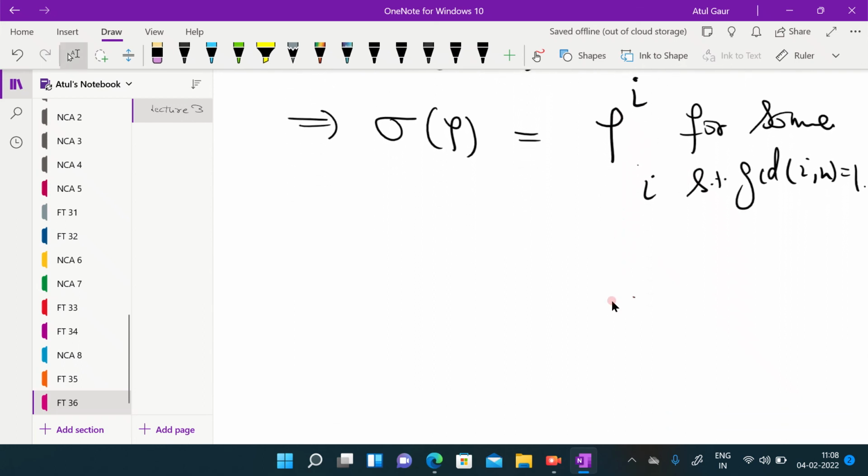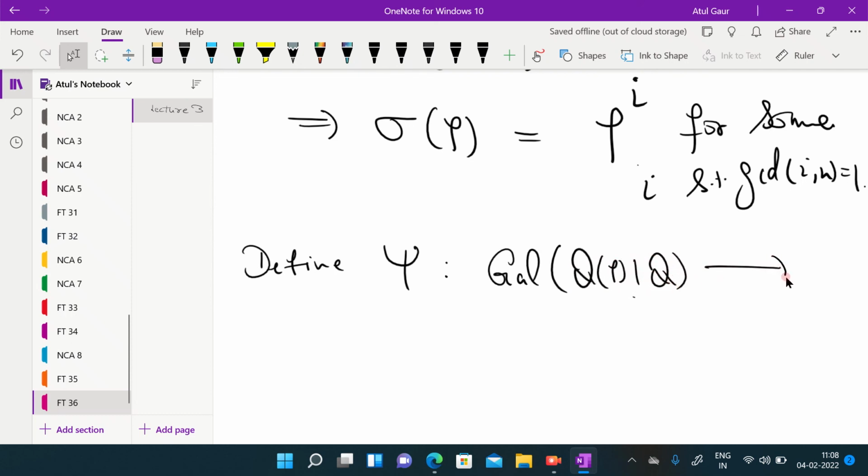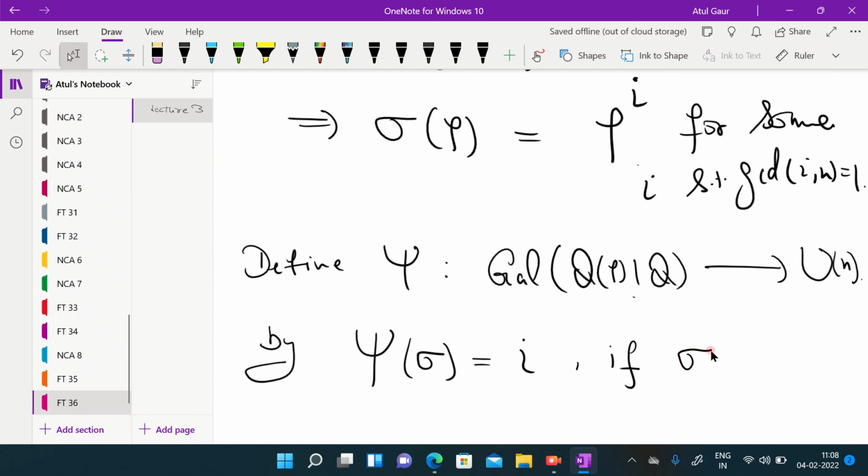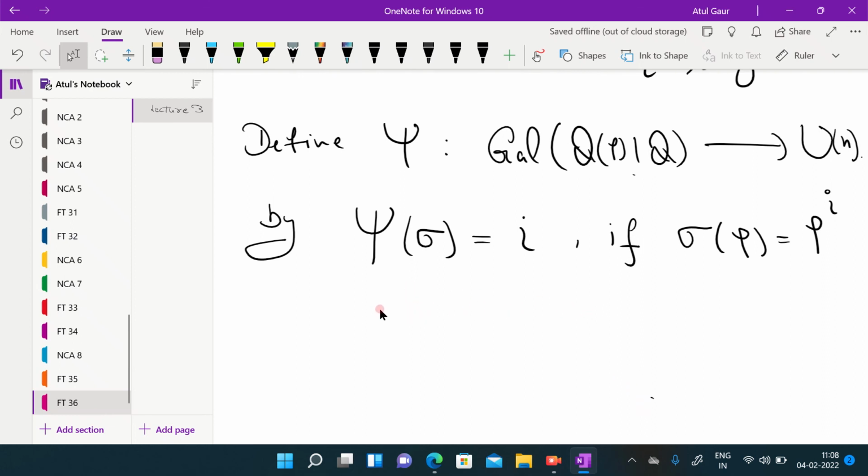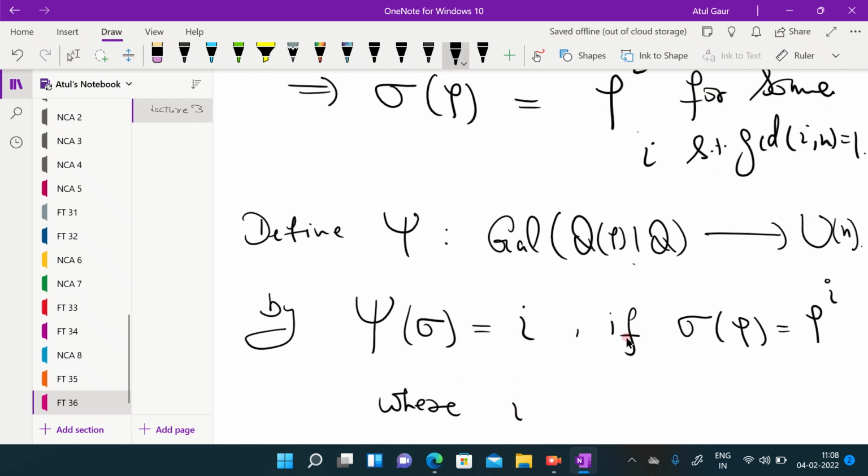So now I can define the map. I hope it's all right whether you write i or i bar; it is understood.